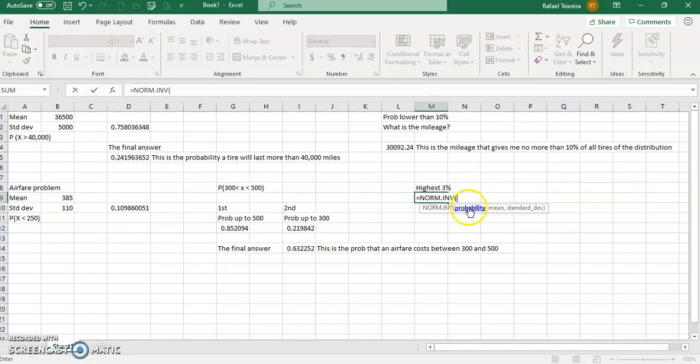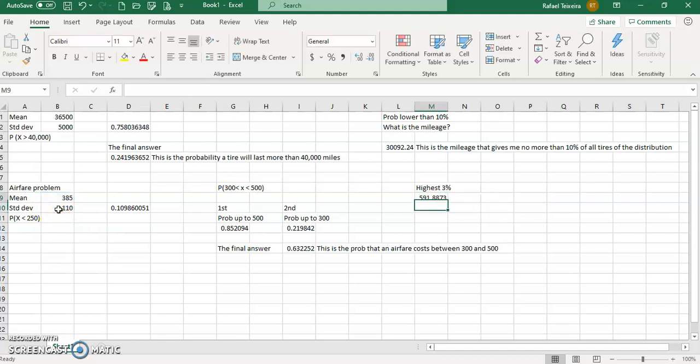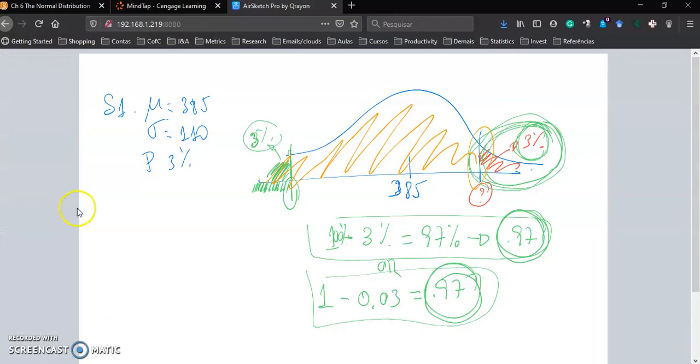So what is the probability I have to enter here? To get the highest 3%, I have to enter 0.97, because that's the complement that is what I need. So 0.97, the mean is 385, the standard deviation is 110. Okay, so 591, going back to here.